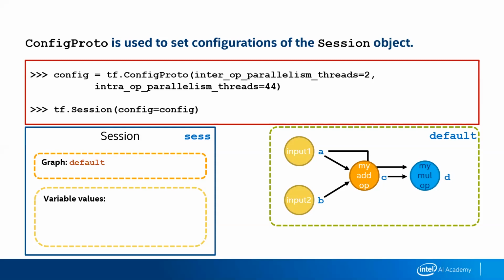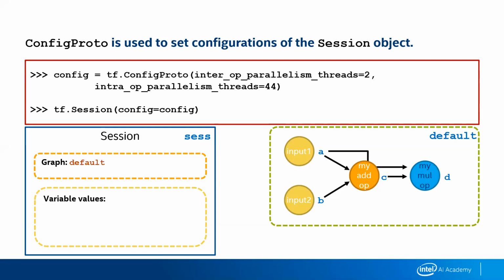In this case, inter-op parallelism essentially defines the number of graph operations that I can execute in parallel, right? So here you're saying a minimum of 2 graph operations that I can execute in parallel. If the TensorFlow runtime can detect that I can run my add operation and my mul operation in parallel, it'll actually go ahead and do that.